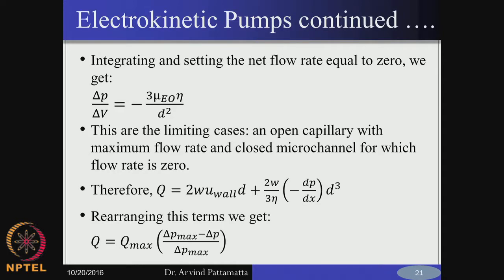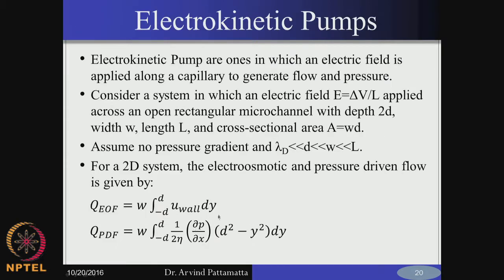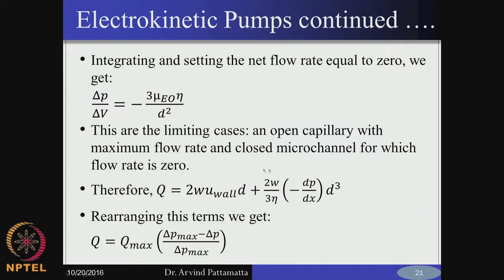So, the total flow rate Q, if you integrate this, you will be able to get an expression of this particular form, right. It is driven by both the slip velocity at the wall, which is nothing but the electroosmotic solution for the EDL, and the pressure gradient. So, this is the mechanism of the electrokinetic pump. You have both these contributions coming to pump the flow.